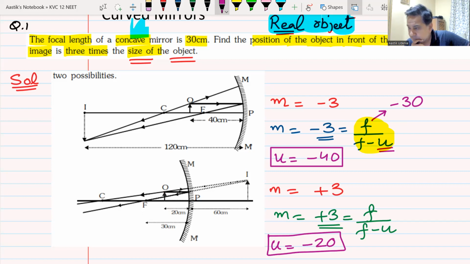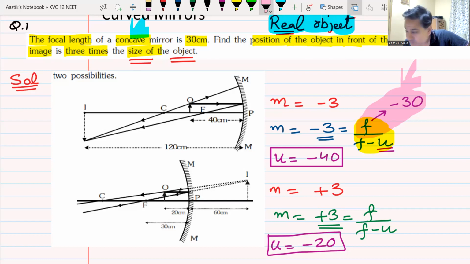Focal length of a concave mirror is 30 centimeters. Where have we used this? Do you see where we have used this? Okay, go ahead. We have used the focal length here. Find the position of the object in front of the mirror. What do we have to find out here?